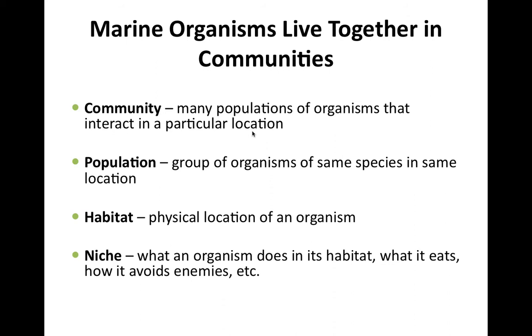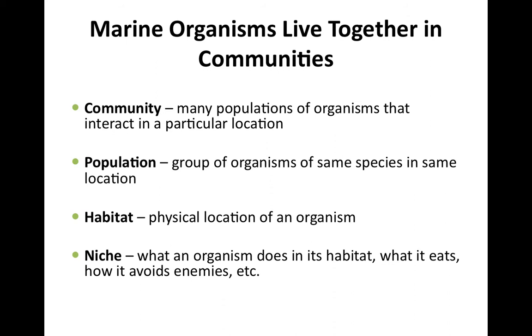First, let me start with a population. A population is a group of organisms of the same species in the same location. Maybe a school of a particular type of fish, say tuna, living in one area would be considered a population.